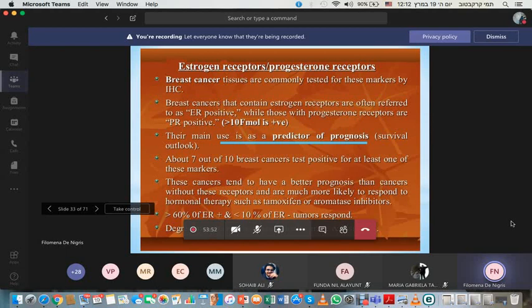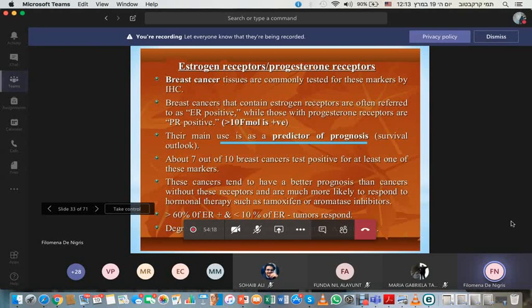Generally, we use this kind of score. If the percentage of cells positive to the receptor is lower than 10%, the tumor is negative to estrogen or progesterone receptor, and, as we will discuss later, it is a poor prognosis.